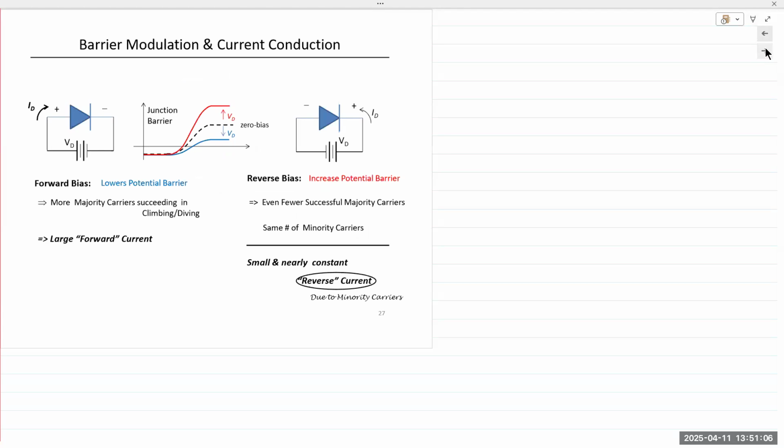If you apply a voltage, I'm assuming everyone at this point is familiar with the symbol of a diode.